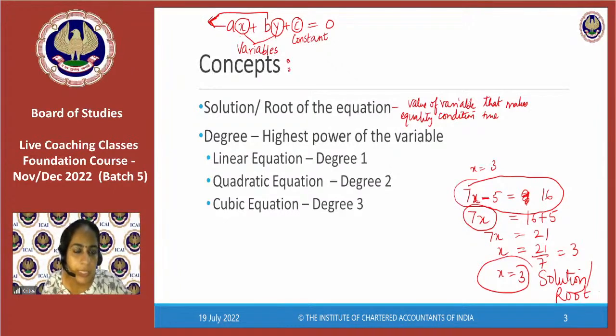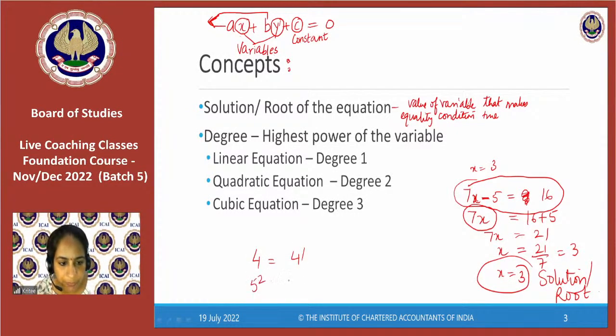Try to understand. Now another part we need to understand is that every variable in the equation has some power. Like x: if no number is mentioned above, the power is 1. I hope you remember. If I am writing 4, it means the power is 1. But if I am writing 5 square, the power is 2.